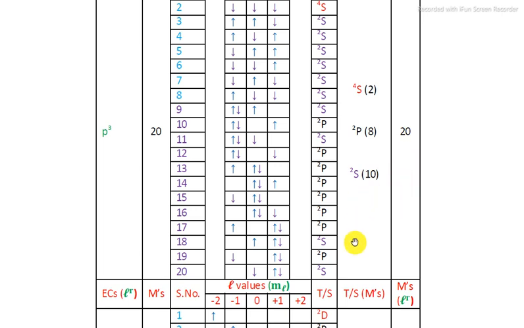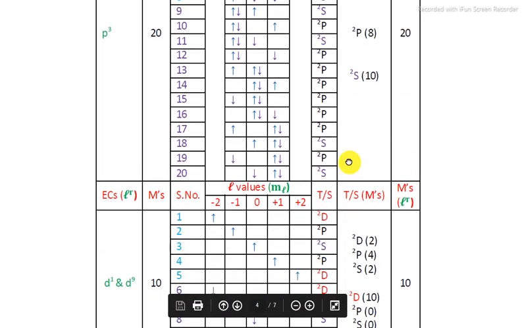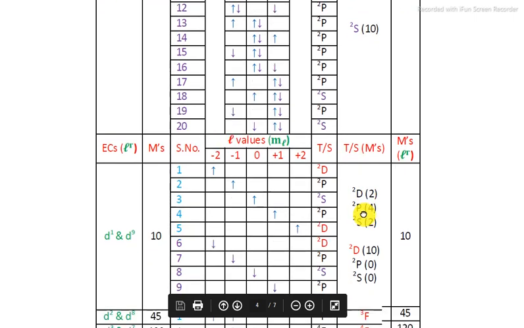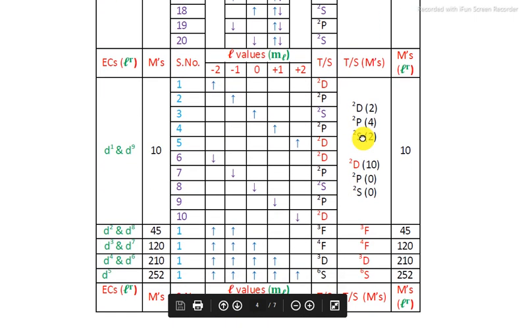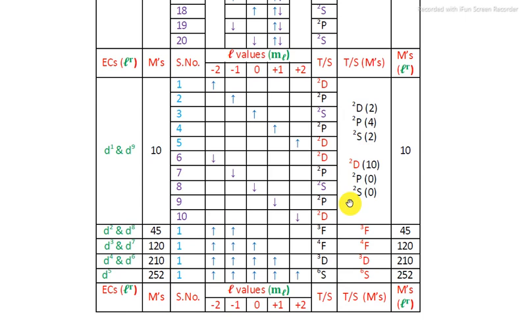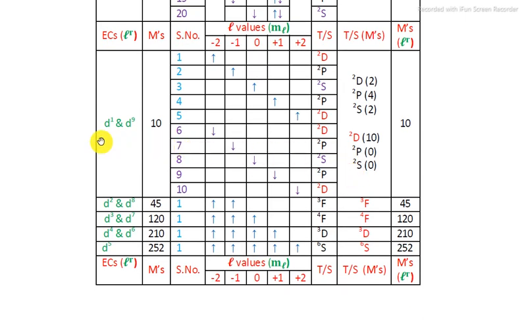Let us move to the last depictive representation of the electronic configurations for D1 and D9. Number of microstates 10, serial numbers 1 to 10.